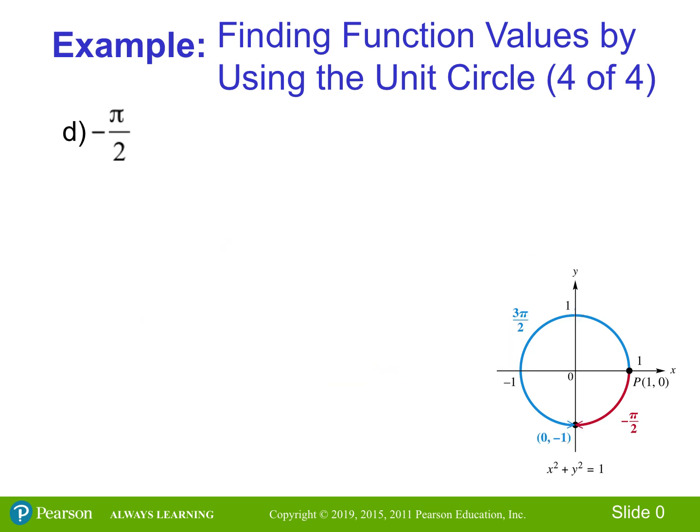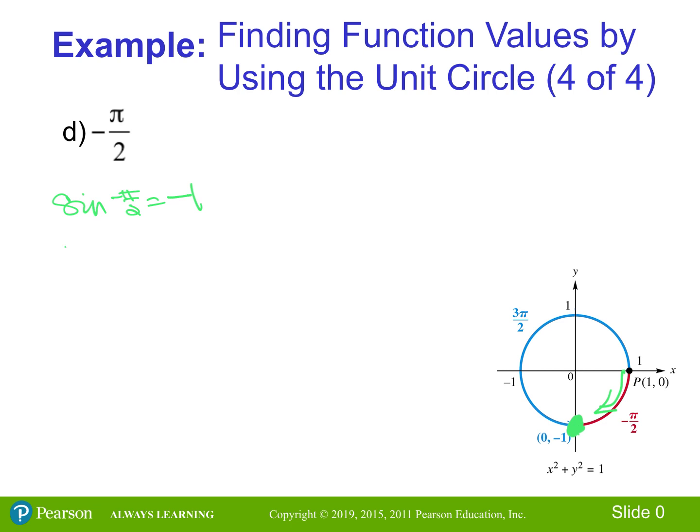And finally, for part D, we have negative pi over 2. Well, remember when we have a negative angle measure, we actually go clockwise. So a negative pi over 2 is really going to fall down here, and I have the sine of a negative pi over 2. That's going to give me -1.